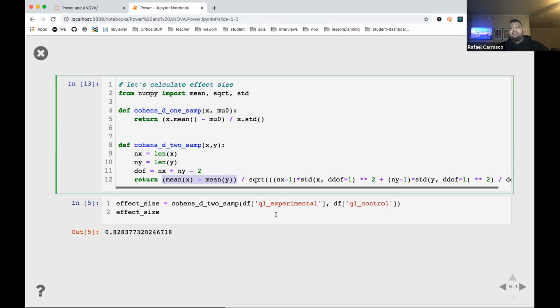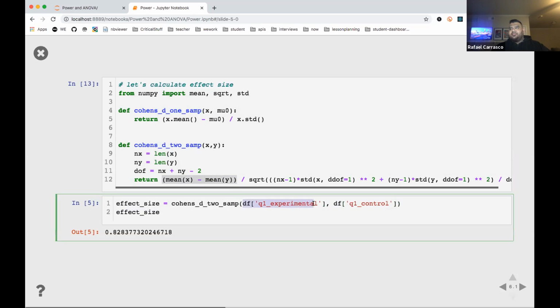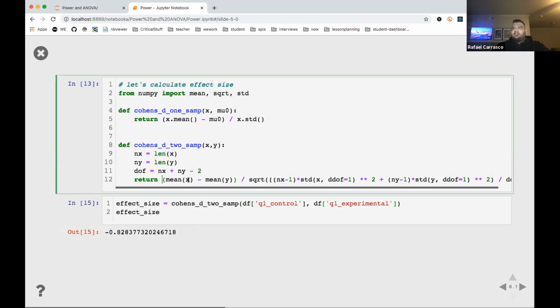can return a negative number, so you should put what you think is the bigger mean first, and it will return a positive number. If I switch these around, it's going to be negative. So you can also just be safe and do an absolute value here.